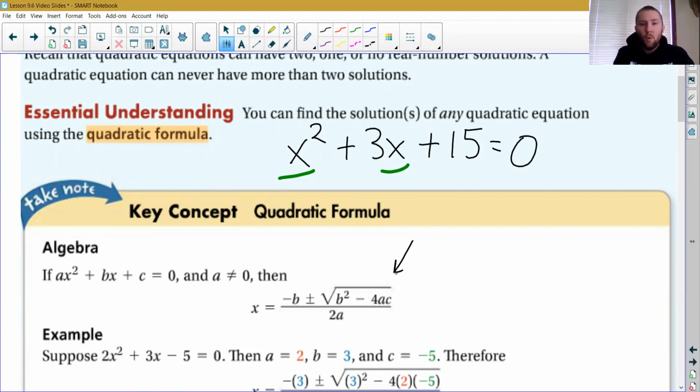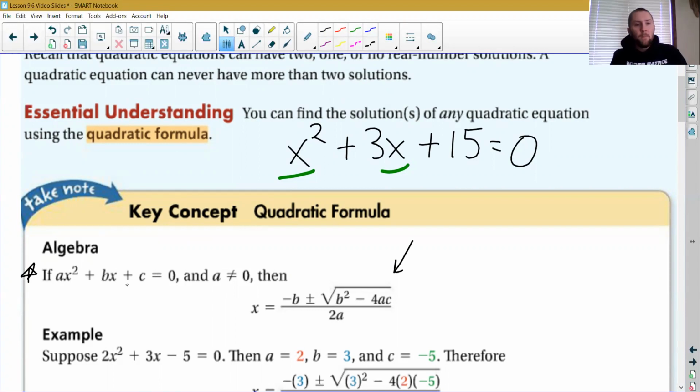It's crucial before we use the quadratic formula to make sure that our equation is in this form: ax squared plus bx plus c equal to 0. We need it to be equal to 0. We need it to be in standard form, x squared first, then the x term, and then the number.